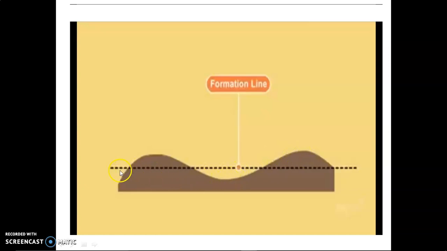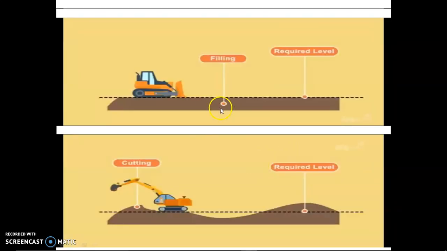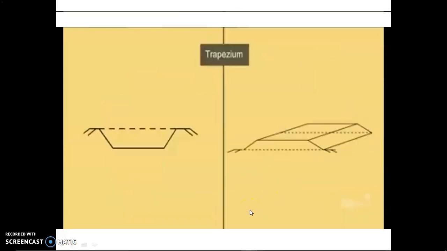We have to make our road according to this formation line. So somewhere filling is required and somewhere cutting. So we cut the embankment and fill the drain up to the required level, that is the formation line.